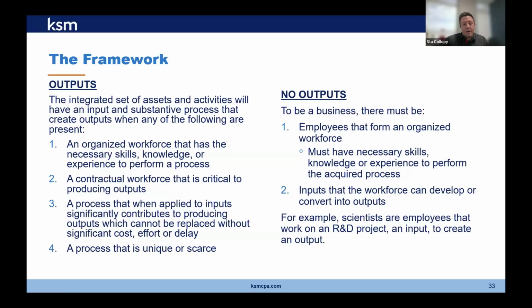I think a good example that I found here was when scientists are working on an R&D project. At the end of the day, they aren't creating a very specific output, but what they're producing will lead down the road to an output. And they're also creating revenue by working through the R&D project.